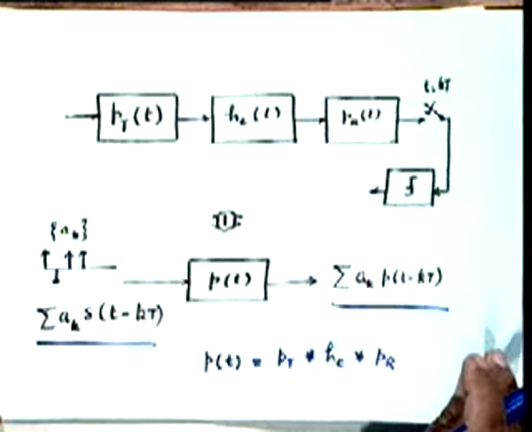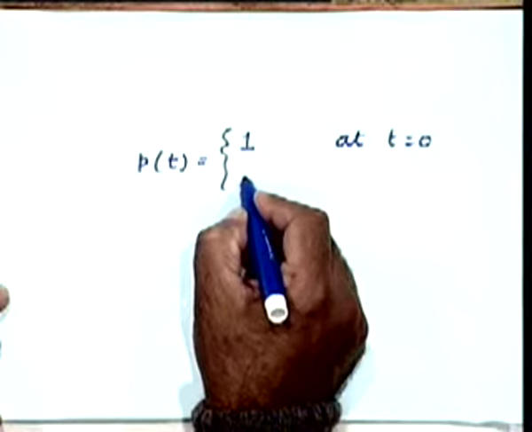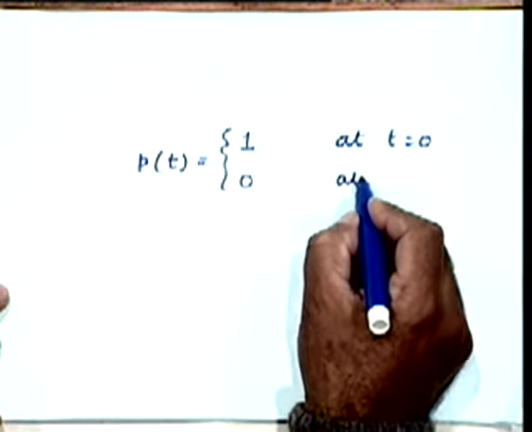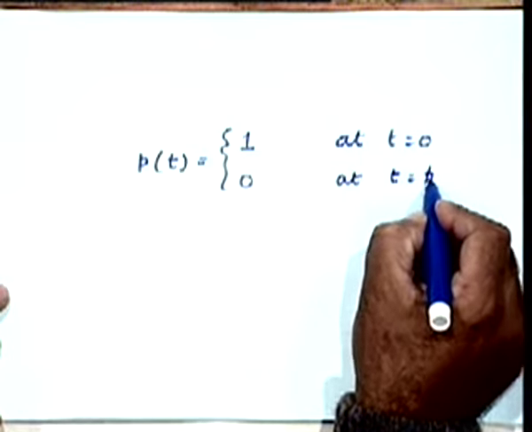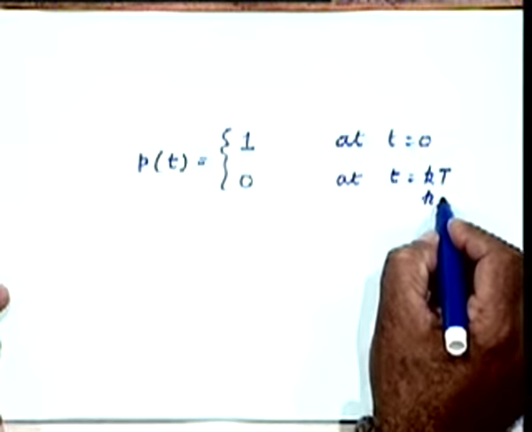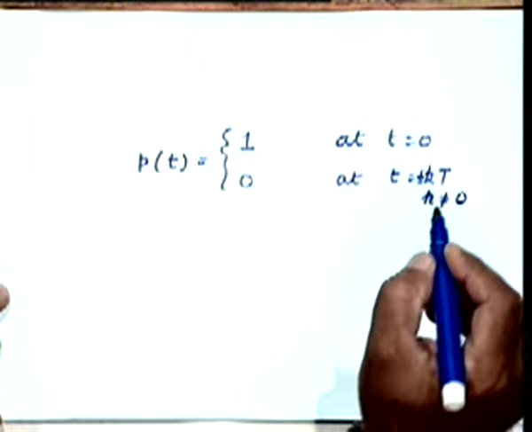That is, if we choose a pulse shape p(t) which is, let us say, equal to some finite value 1 at t equal to 0, but is guaranteed to be 0 at all other sampling instants, t equal to kT, k not equal to 0.